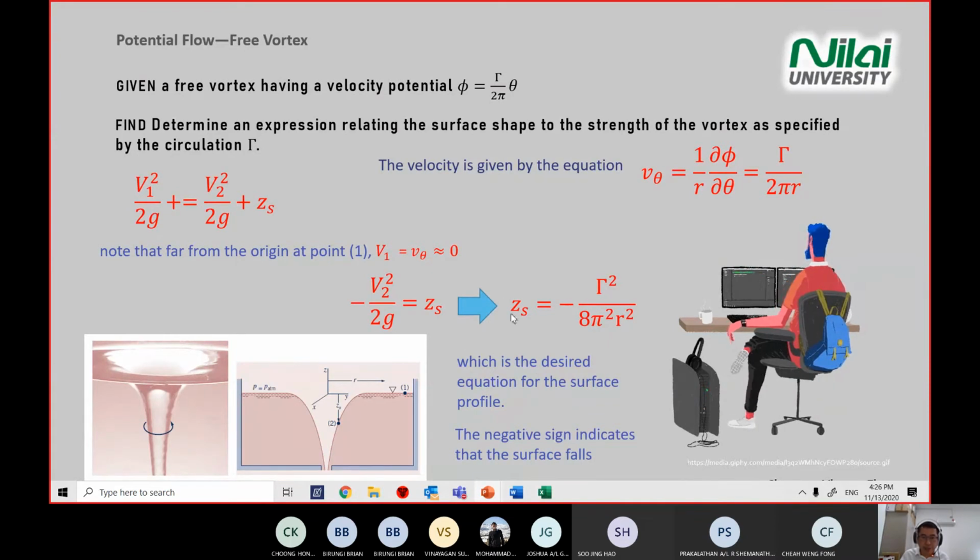On the left, zs is the difference of elevation as it drops from the surface. This will tell you, as you change r, what happens to the circulation pattern. Negative means it is going down, going to the bottom.